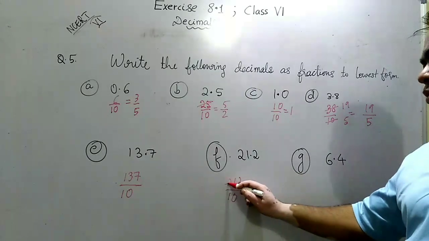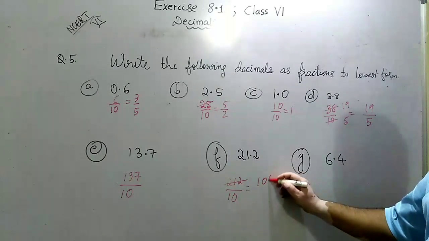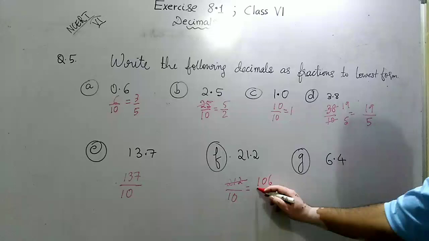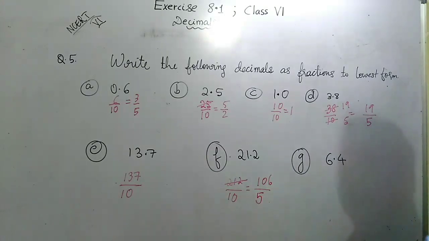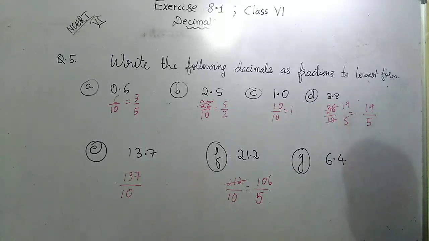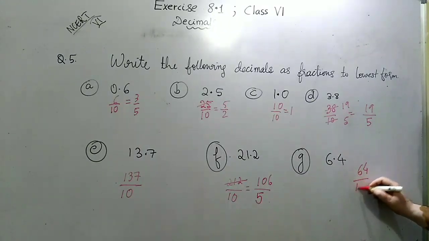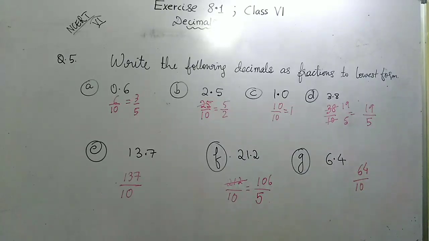So if I divide it by 2, it will become 106 and 5. It cannot be reduced any further because it is even and it is odd. Then this will become 64 by 10. Both are even numbers, so it can be reduced further. If I divide it by 2, it will become 32, and the other will become 5. So these are the answers.